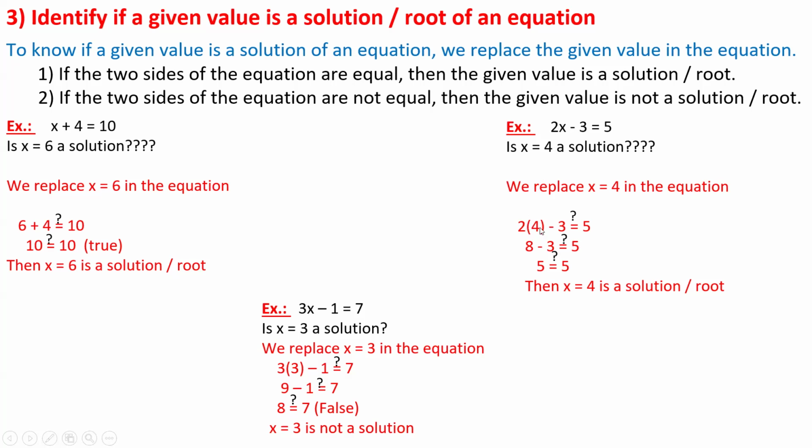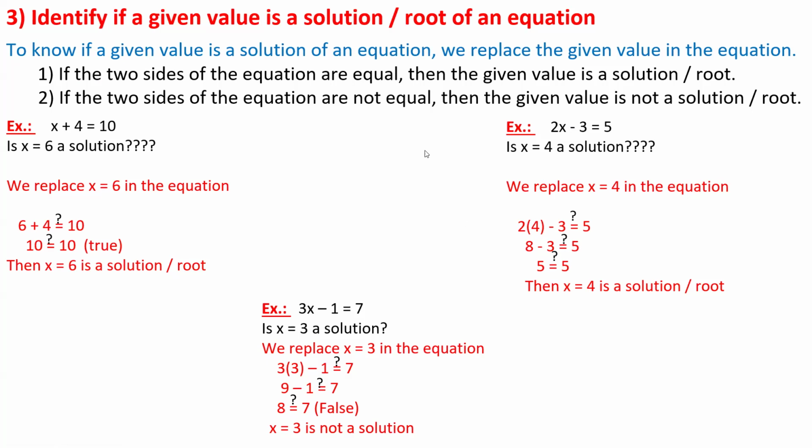So 2 times 4 minus 3, is it equal to 5? I calculate 2 times 4 is 8. Minus 3, is it equal to 5? I calculate 8 minus 3 is 5. 5, is it equal to 5? Yes. Then x equal 4 is a solution or is a root.